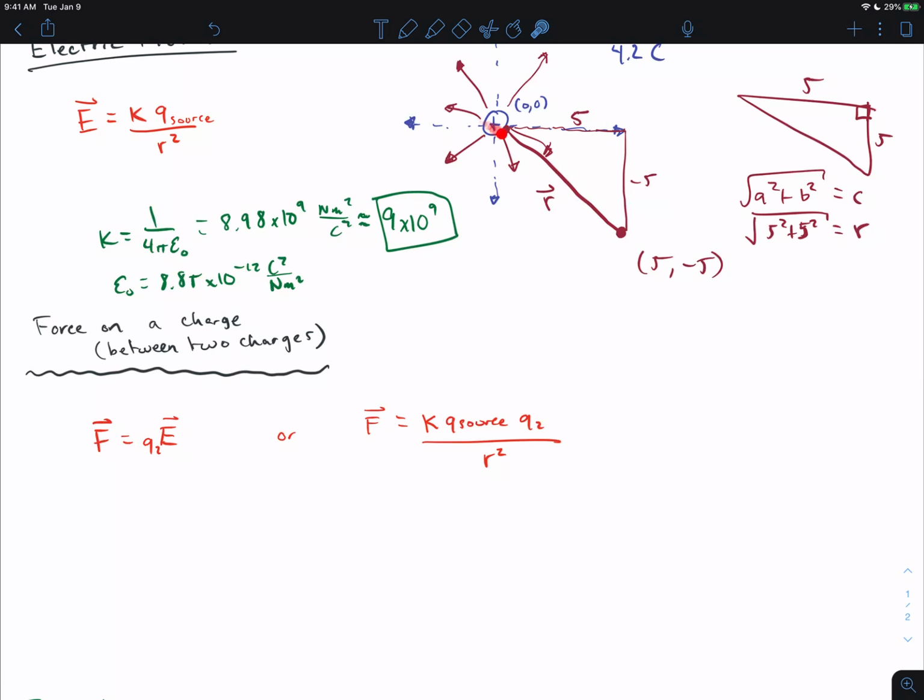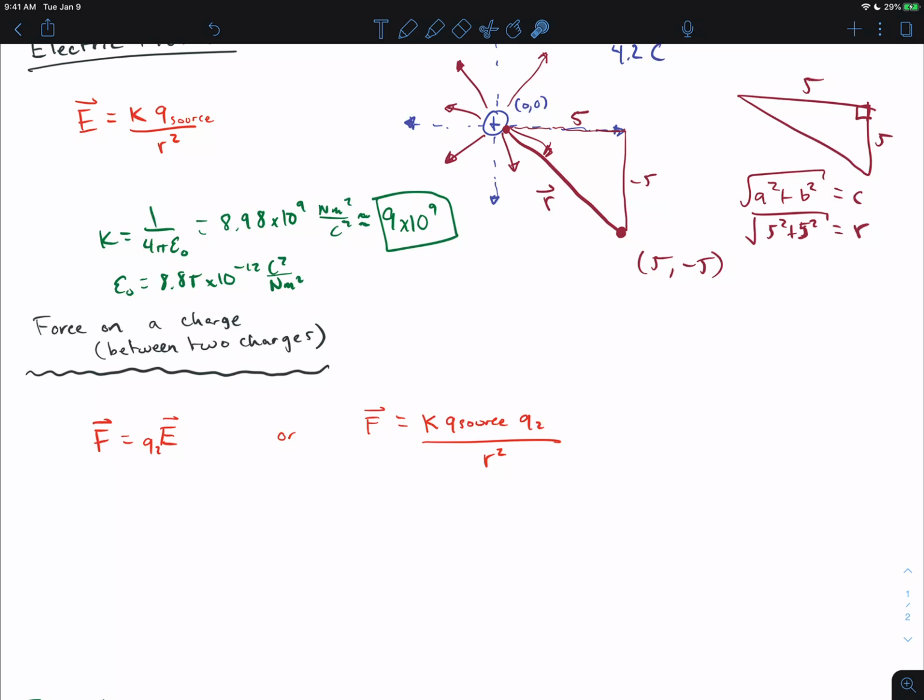It's the force between them. Whatever force one is applying to the other, it's equal in the opposite direction. So you'll use this formula as an extension of my electric field, or you'll use your electric field formula as a distillation of my force. Either way, both of these will be used frequently together in these first modules.